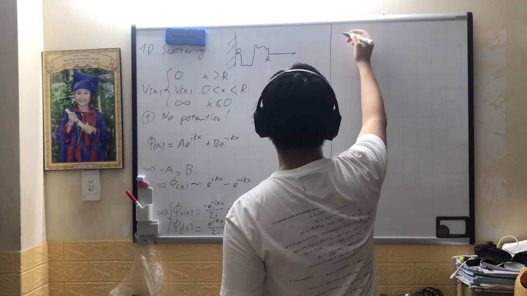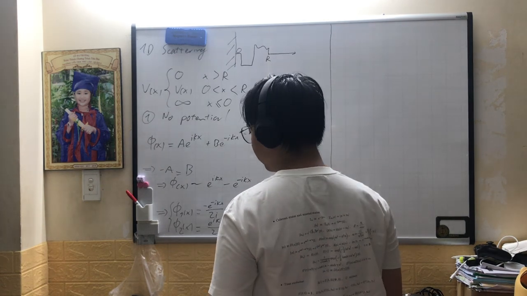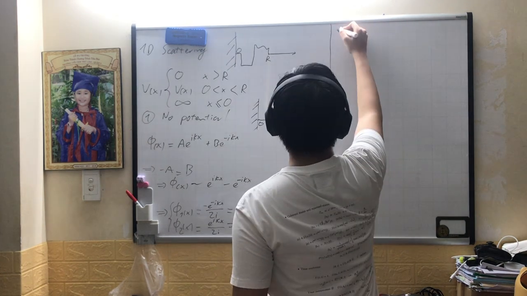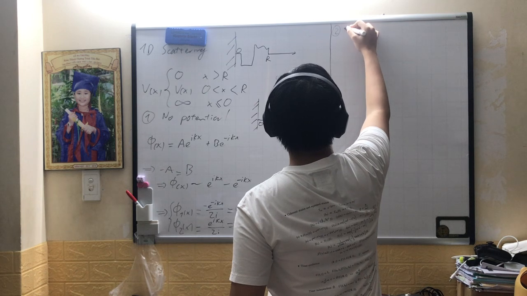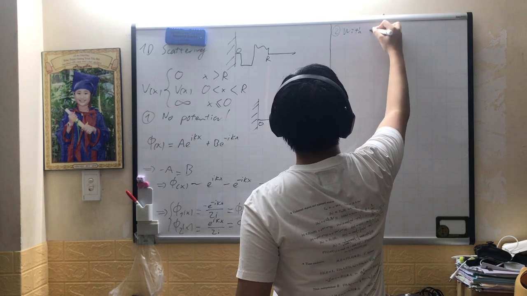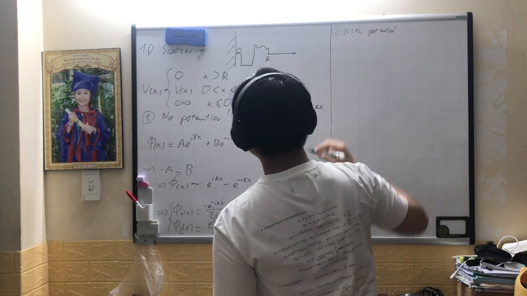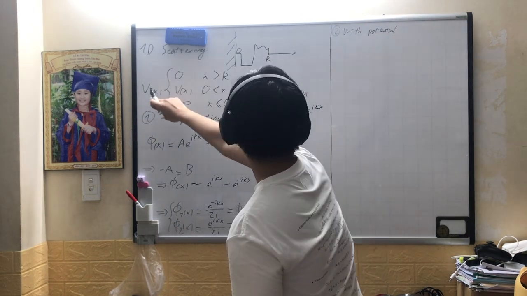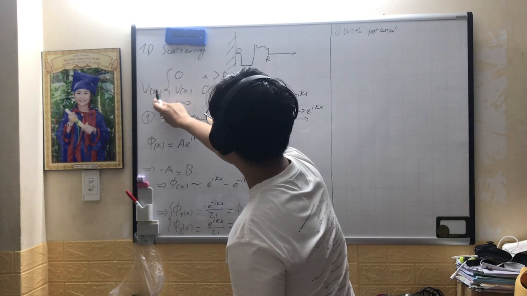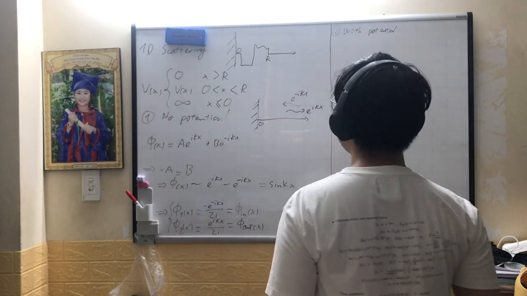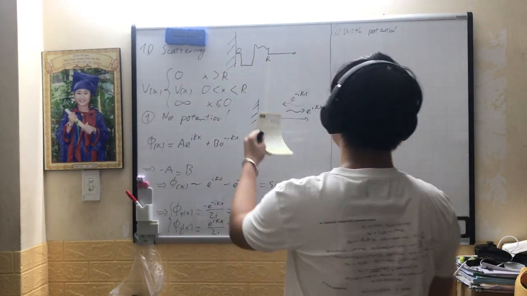So technically they're still the same, but with a different point of origin. So the second case, with potential. Now your system will have this V of x, where there is something in the middle here.